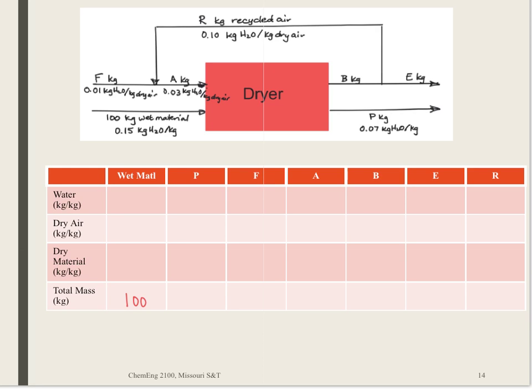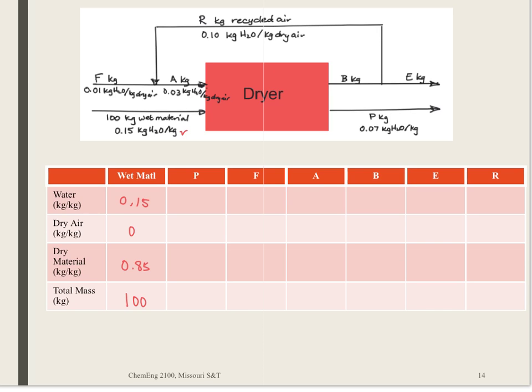And it comes in with dry material and water at 0.15 kilograms of water per kilogram. So the water is 0.15 and the dry material is 0.85, and there is no air in this stream.